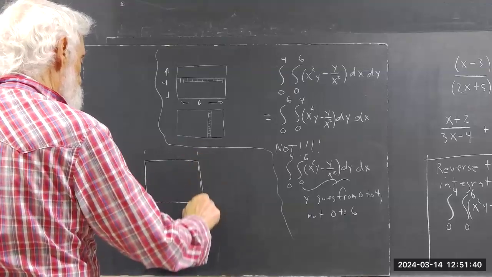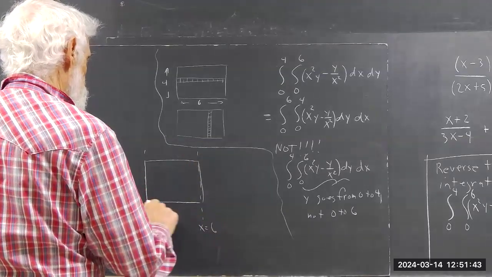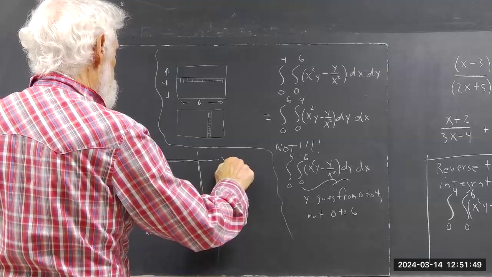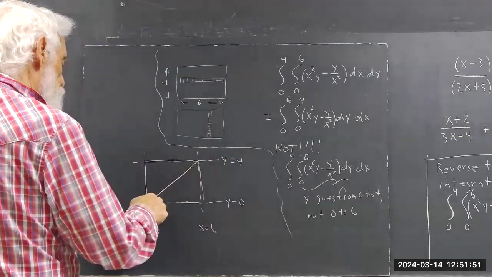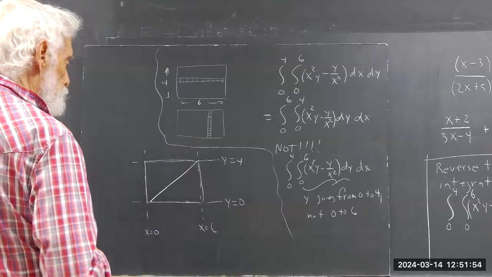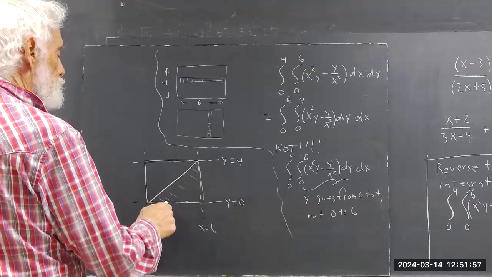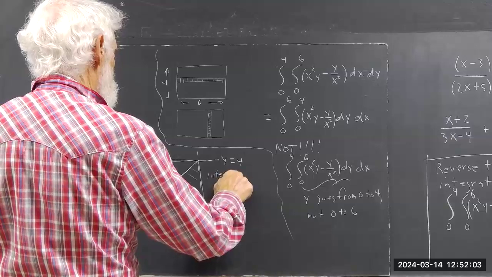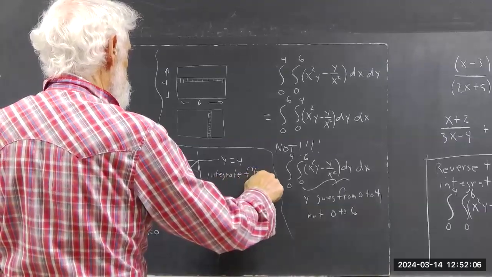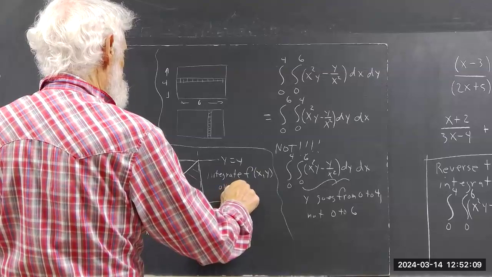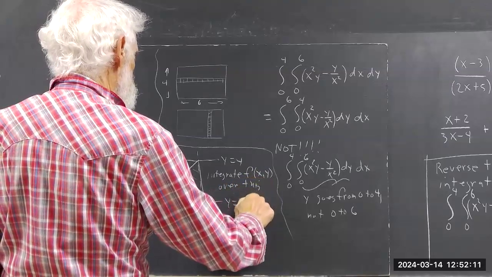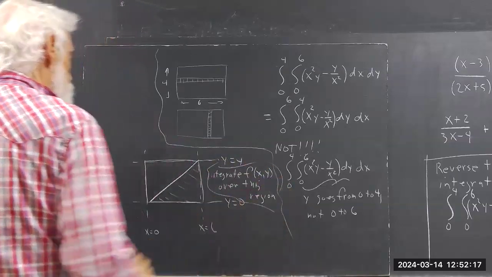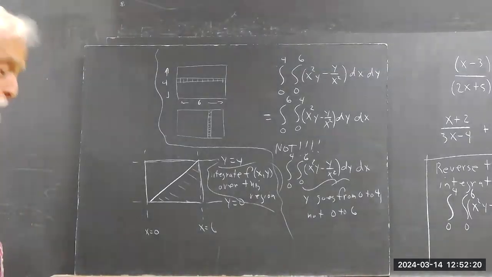X equals 0, X equals 6, and Y equals 0, Y equals 4. Let's discard the top half of it. So what we're going to integrate is over this region. We're going to integrate f of x, y over this region. Okay?